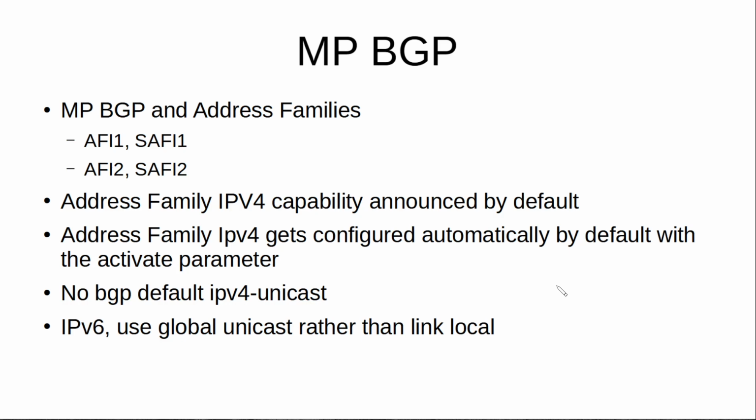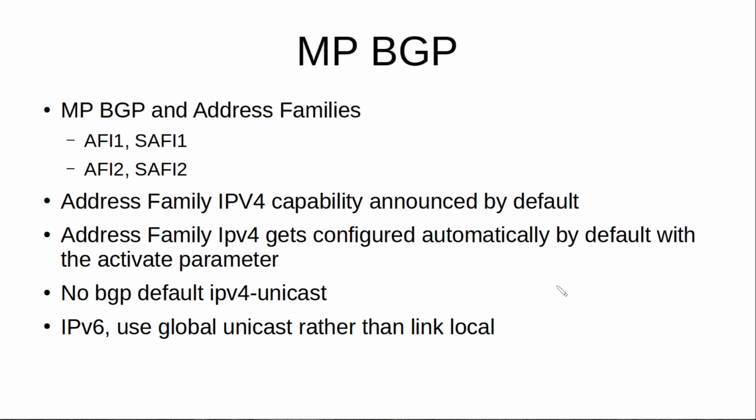So you can have many address families. You can have the IPv4 unicast family, the IPv4 multicast family, the IPv6 unicast family, the IPv6 multicast family, and you can have other address families such as the VPN family and so on. That is used for MPLS.